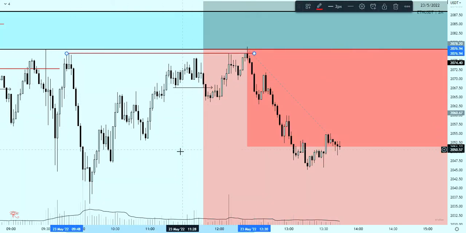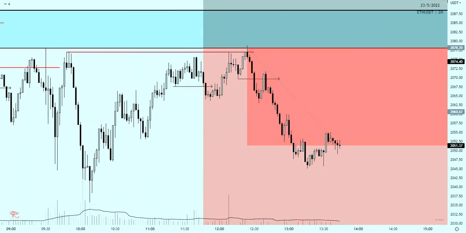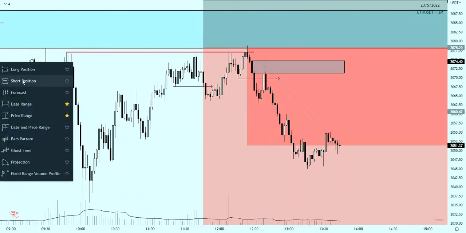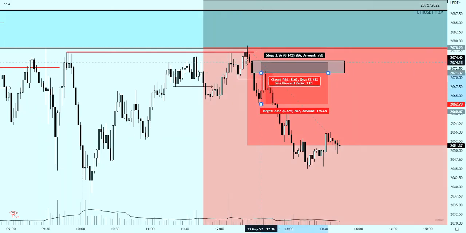Highs are taken here. 2-minute break of structure to the downside here. Where's my supply candle? The candle before the candle that broke structure to the downside on the 2-minute. Here. Now that I have my 5-minute and now my 2-minute confirmation, I'm in here.